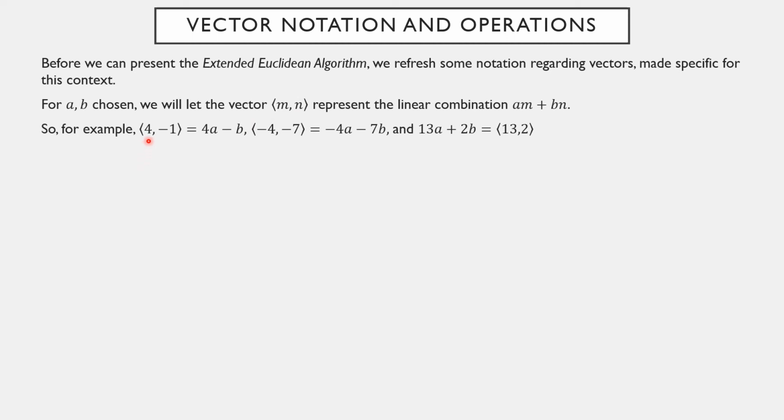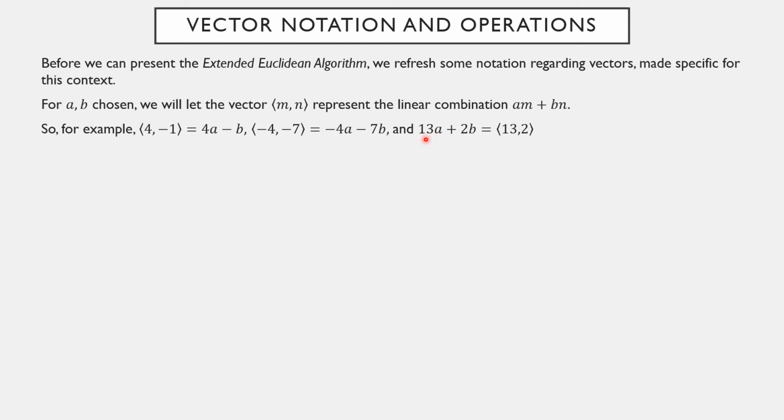For example, if I had ⟨4, -1⟩, I have the first entry times a plus the second entry times b, or 4a minus b. This is just a number. Depending on a and b, it might change, but for a and b chosen, this is just an integer. The vector ⟨-4, -7⟩ would be negative 4 times a plus negative 7 times b. This is just an integer.